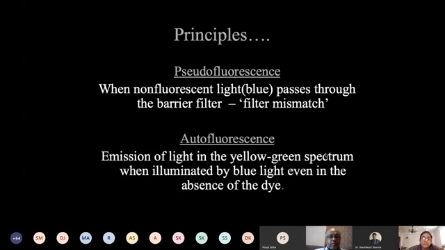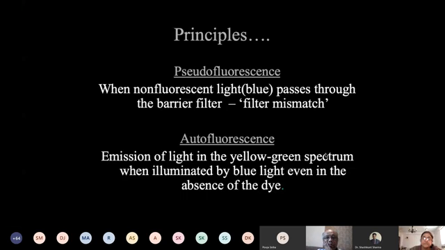An astrocytic hamartoma can also show autofluorescence, and you would feel surprised, how come I'm getting a fluorescence when I've not injected the dye? So these are a few of the pathologies which fluoresce even before the injection of the dye. So we have to be aware of these two terminologies.